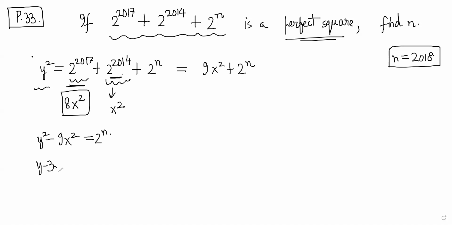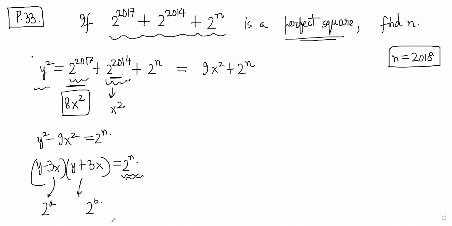So this can be written as (y minus 3x)(y plus 3x) is equal to 2 to the power n, right? So since the right hand side is 2 to the power n, these both must be powers of 2. So we have y minus 3x is equal to 2 to the power a, and y plus 3x is equal to 2 to the power b, right? And we know also that x is 2 to the power 1007.